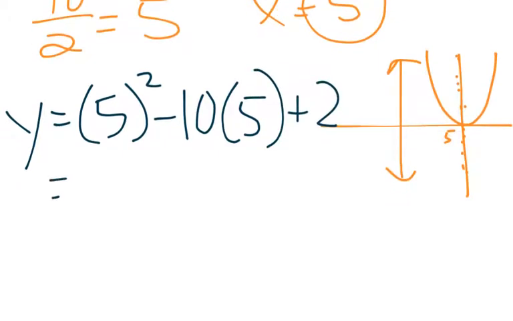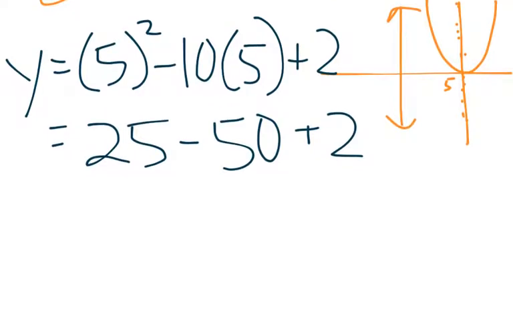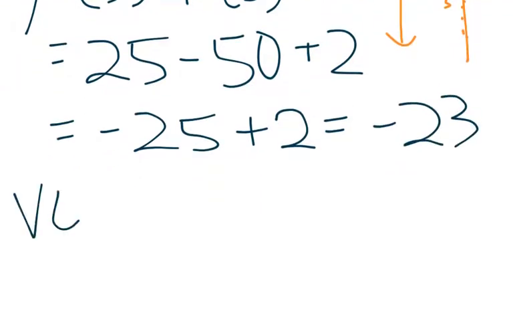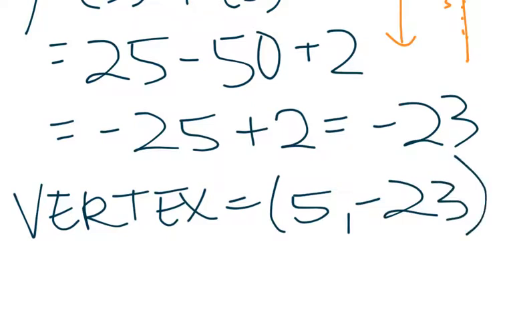So 5 squared is 25. 10 times 5 is 50 plus 2. So 25 minus 50 is negative 25. And negative 25 plus 2 is negative 23. So our vertex is 5, negative 23. Okay?